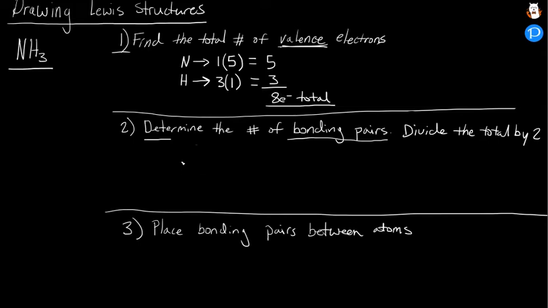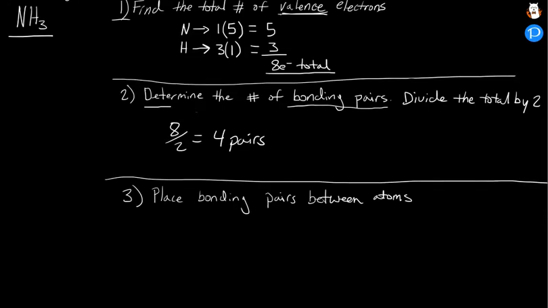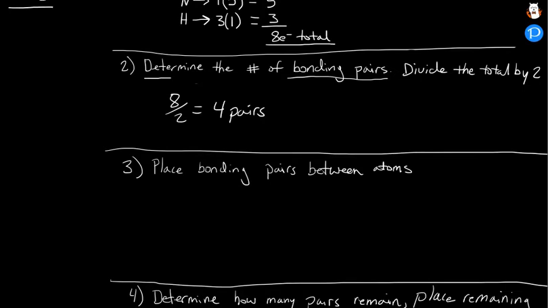So I've got 8 total valence electrons divided by 2, which means I'm going to have 4 pairs. Once I get done drawing this, I should be able to count up 4 pairs of electrons.